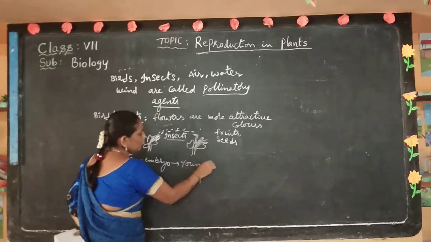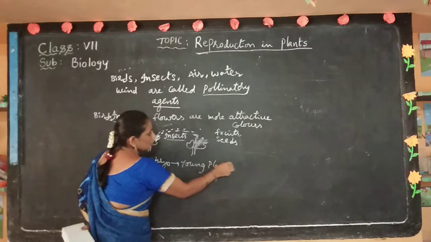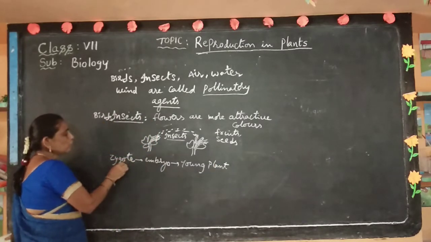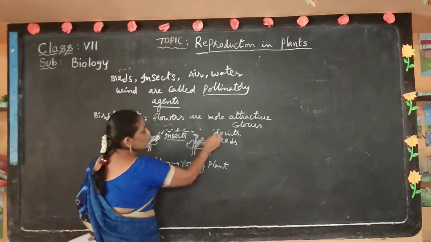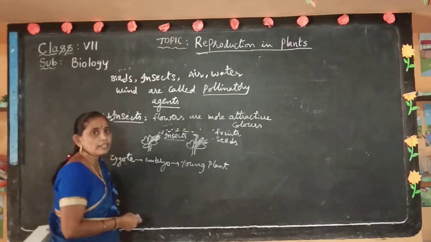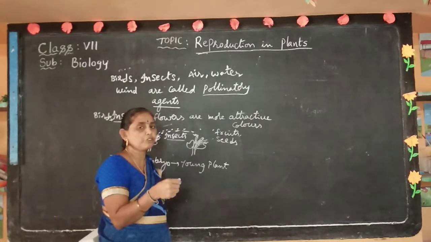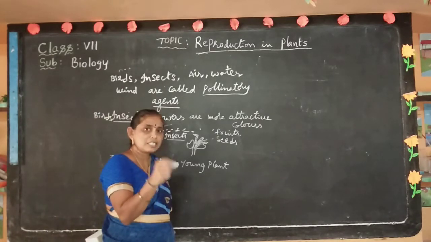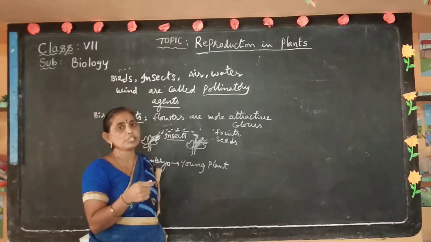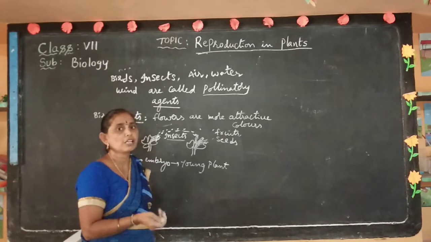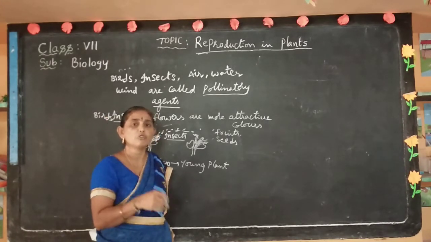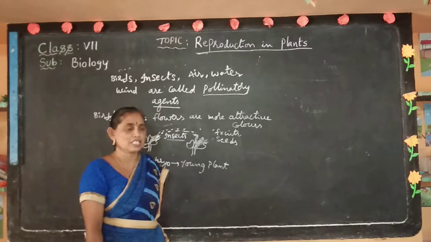Here the pollen grains are transferred from anther to the stigma of a flower, and then to the ovary and ovules. After fertilization, ovary develops into fruit, and ovules develop into seeds.